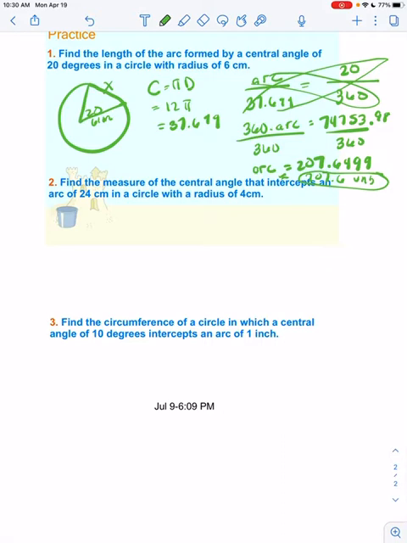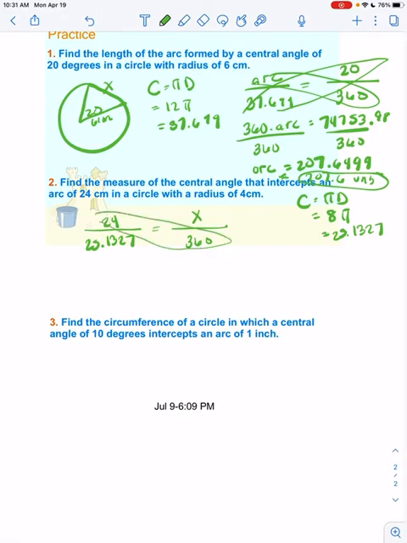So in this one, we're looking for the angle instead of the arc. Okay, I still need my circumference. So this is 8 pi, which equals 25.1327. We know the arc. We don't know the angle, but we know it's over 360. So same idea, it's just a different unknown.